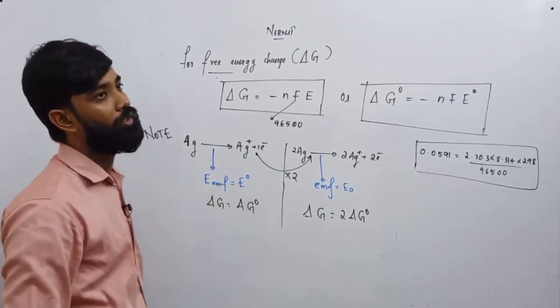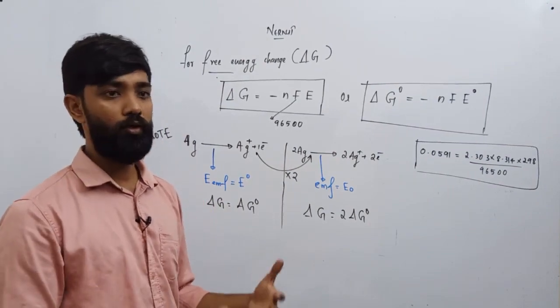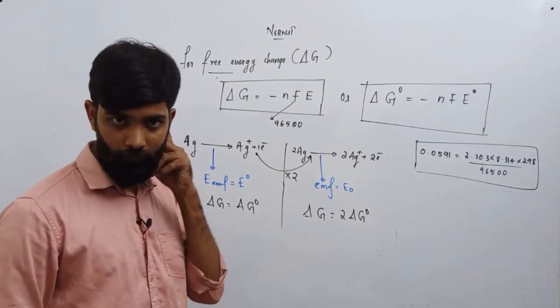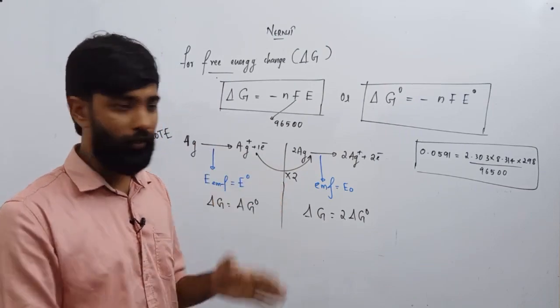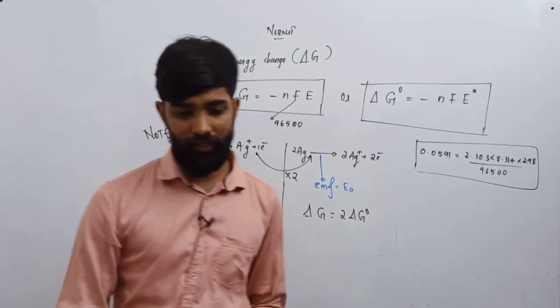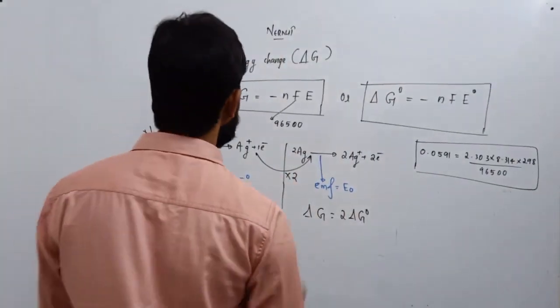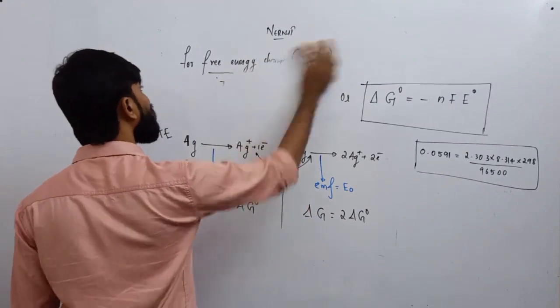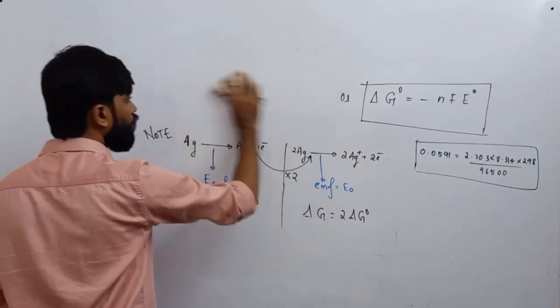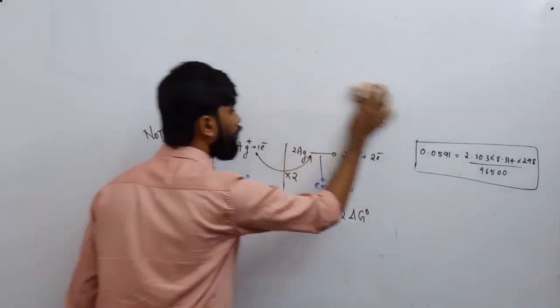Electrode potential is an intrinsic property which does not depend on the operations. Ready? That depends on the electrode and electrolyte. Whereas delta G, the free energy change, is an extrinsic property that depends on the reaction and the number of electrons involved. So that is one of the points.